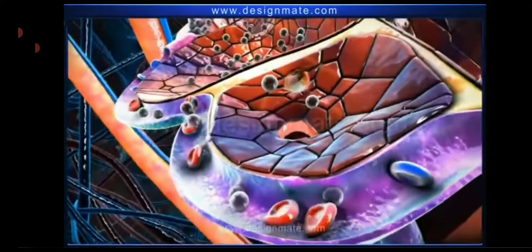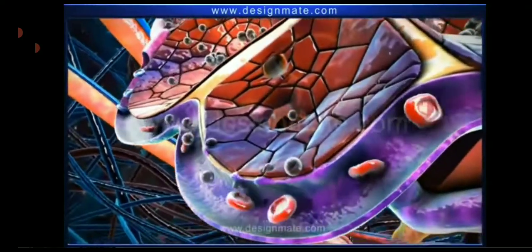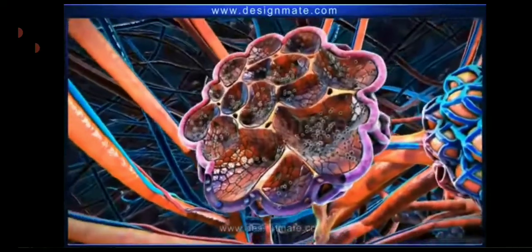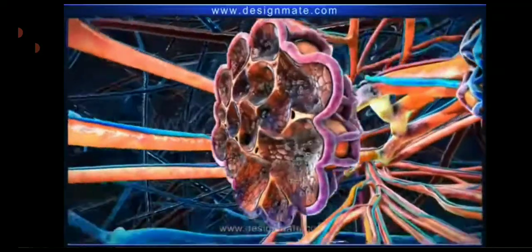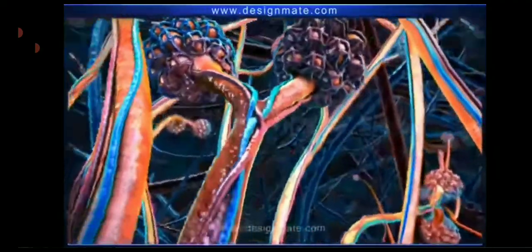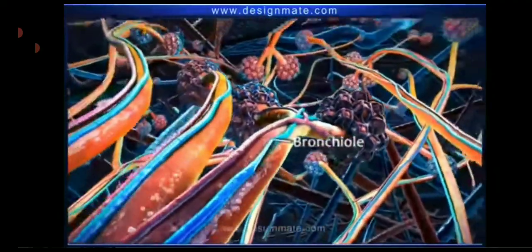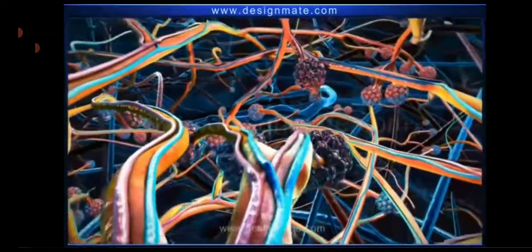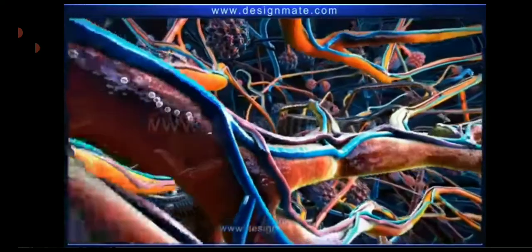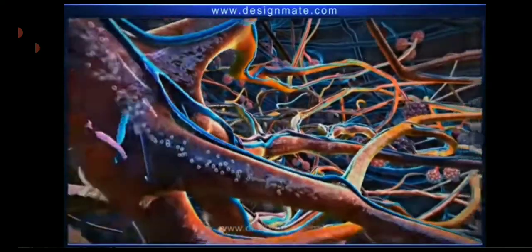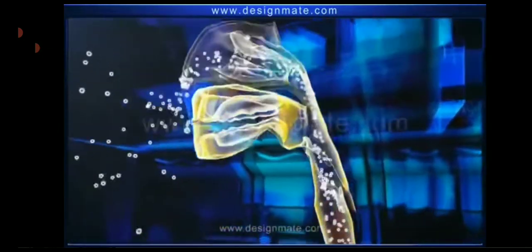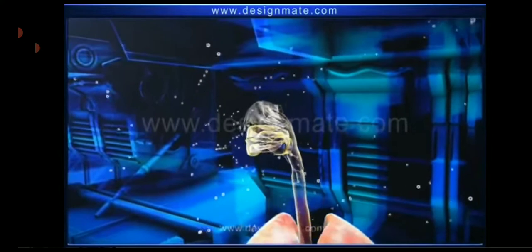The carbon dioxide collects in the alveolar chamber and then from the alveolus it travels through the bronchioles into the bronchus, which finally reaches the trachea and is breathed out through the nostrils.